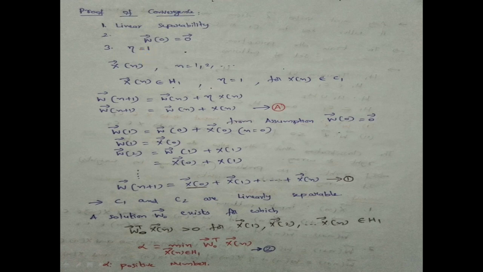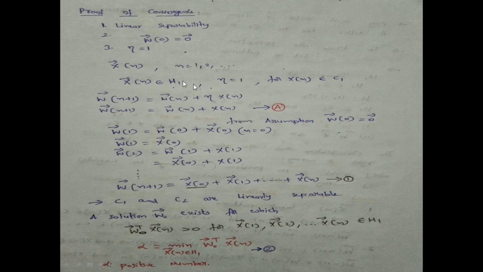In the previous classes, we learned that taking a smaller value of eta will make the network converge. It may take more time to converge, but we are guaranteed that the network is going to converge. So here we are taking a larger value of eta, that is eta is equal to 1.